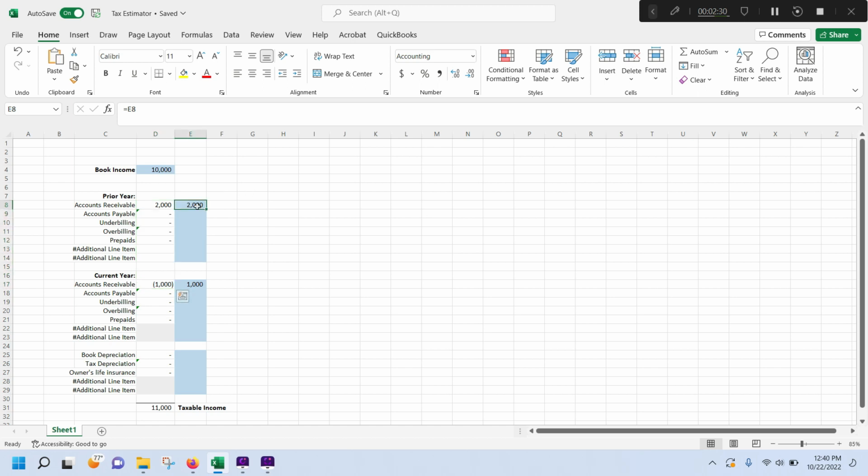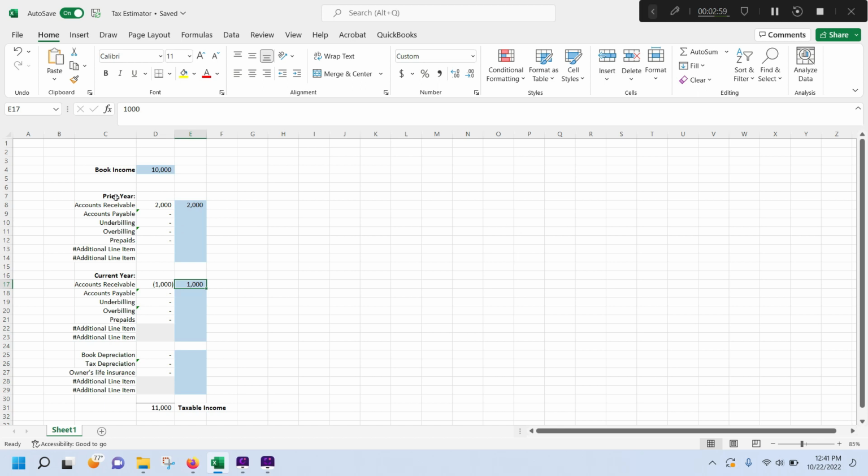So you can imagine you go from $2,000 in accounts receivable to $1,000. All other things equal, straightforward example, we're assuming we received $1,000 in cash. Well, that receipt of $1,000 in cash, where you debit cash and you credit receivables, is increasing your cash income, right?